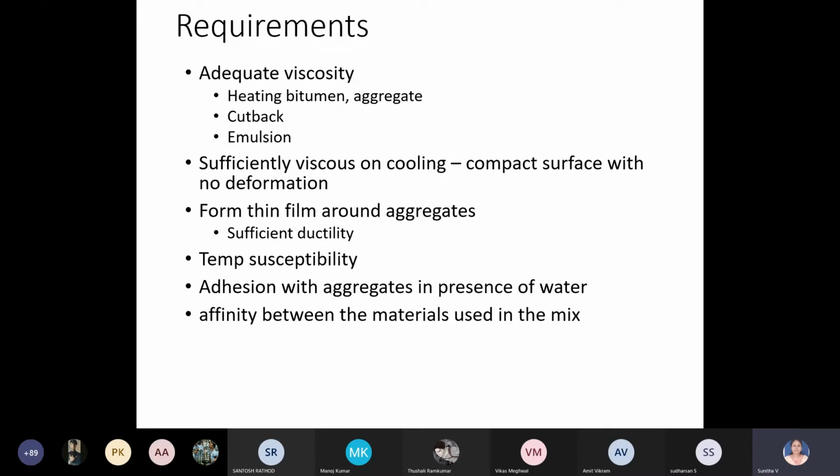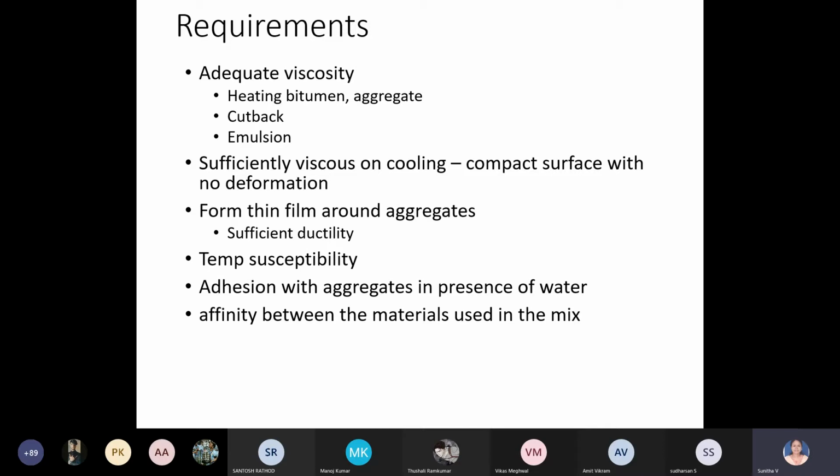I've explained about stripping off. If you're mixing bitumen with aggregate, it should not strip off from the aggregate, either in the presence of water or even without water. If water is present, the adverse condition is worse. In the stripping test, after mixing the aggregate with bitumen, the entire bituminous mix is dipped in water to check whether the bitumen strips off from the aggregate or not.